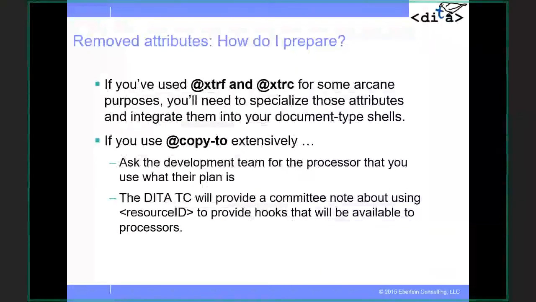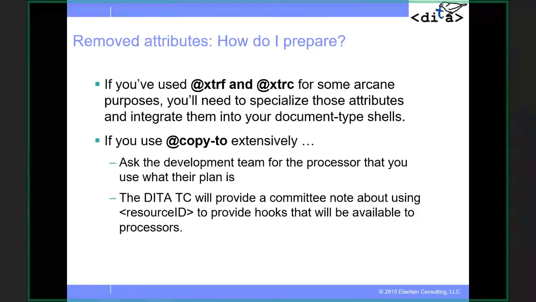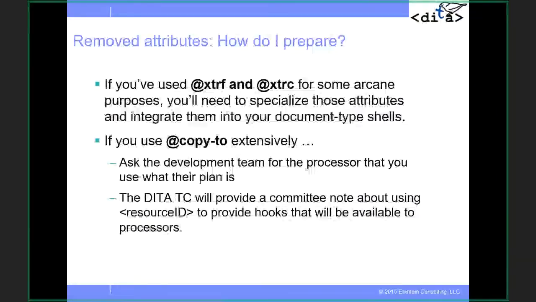Similar thing with removed attributes. If you've used XTRF and XTRC for whatever kind of unique purpose, think about whether you can remove them. If you can't, you'll need to respecialize them and integrate them into your document type shells.